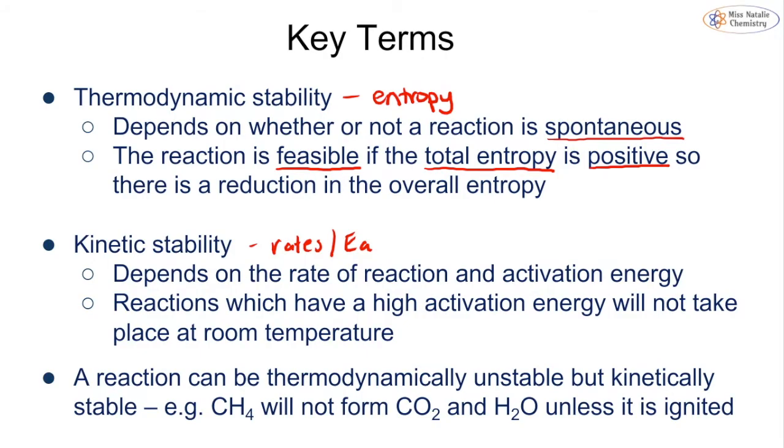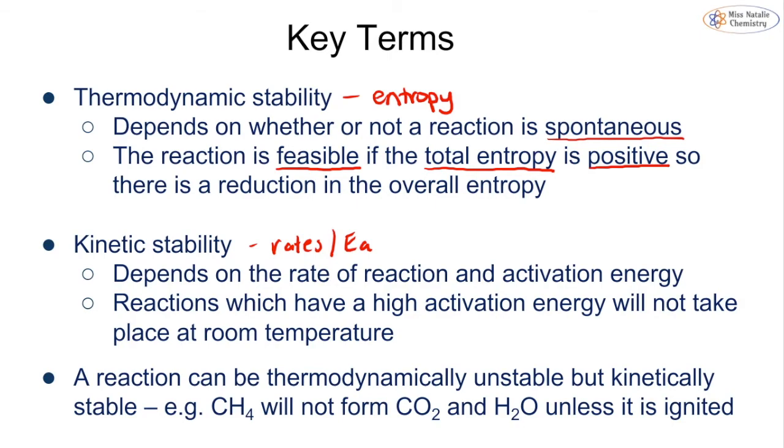Now, this means that we can have a reaction that is thermodynamically unstable, but kinetically stable. So, for example, methane will not form carbon dioxide and water unless it is ignited. So we can have this feasible reaction, meaning that the reaction will go ahead and could be spontaneous.